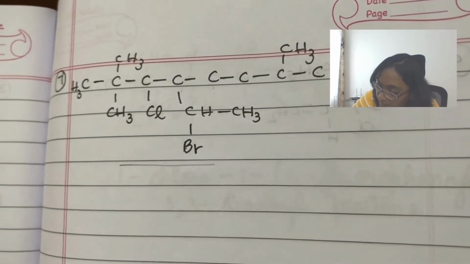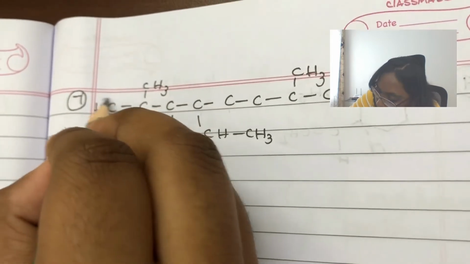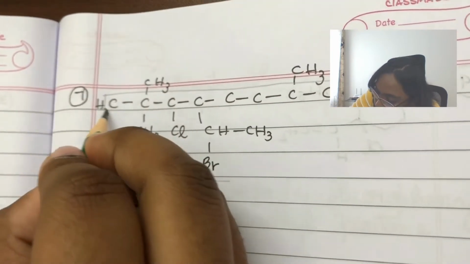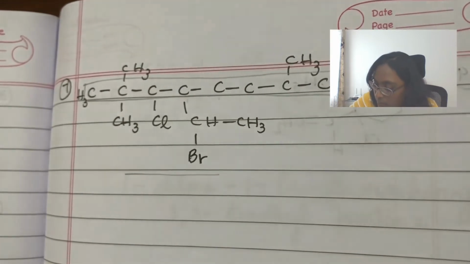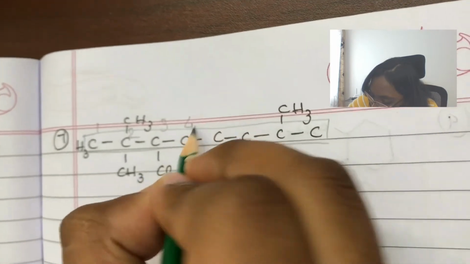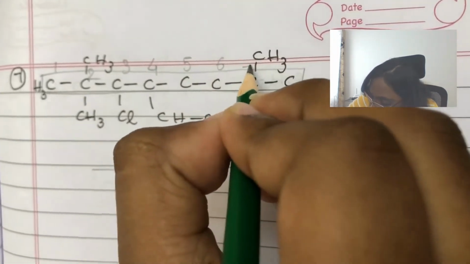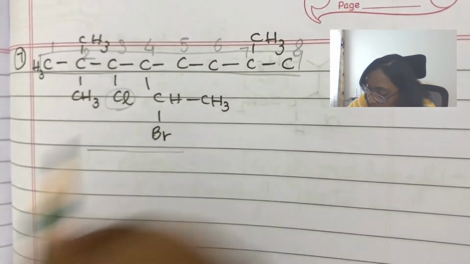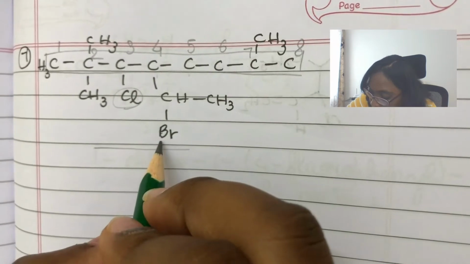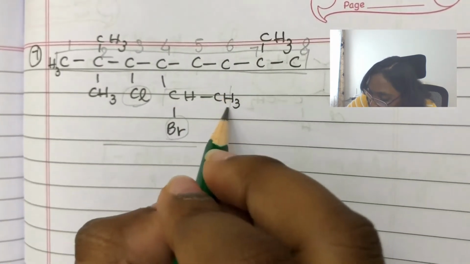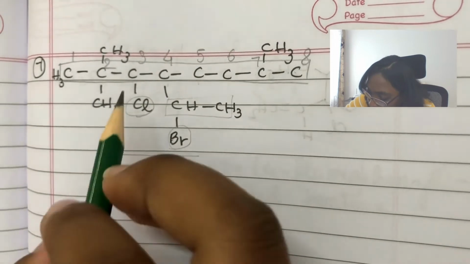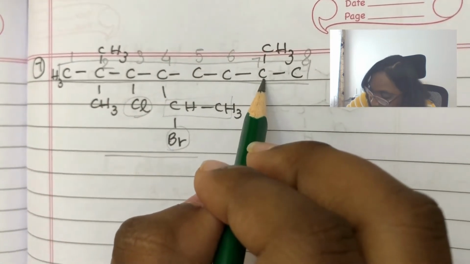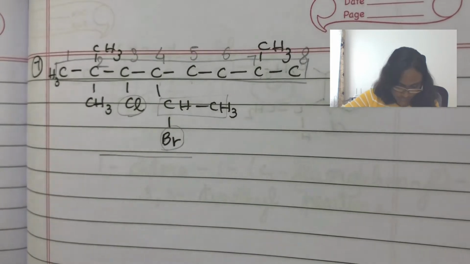The seventh task is this structure over here. So you can see that this will be a main chain, and once we start numbering it goes as 1, 2, 3, 4, 5, 6, 7 and 8. And on the third carbon there is a chlorine. On the fourth carbon there is a bromoethyl, and on the second and seventh carbons there are 3 methyl groups in total.